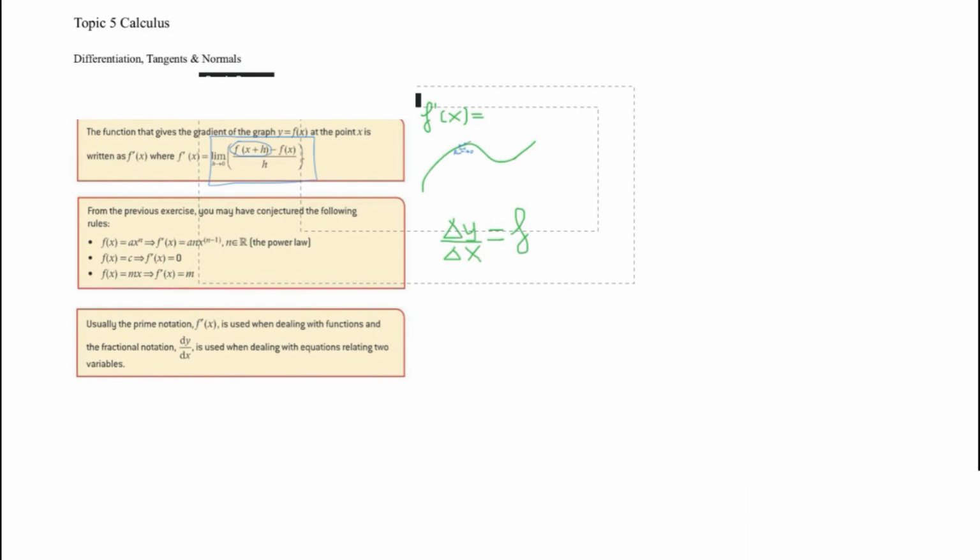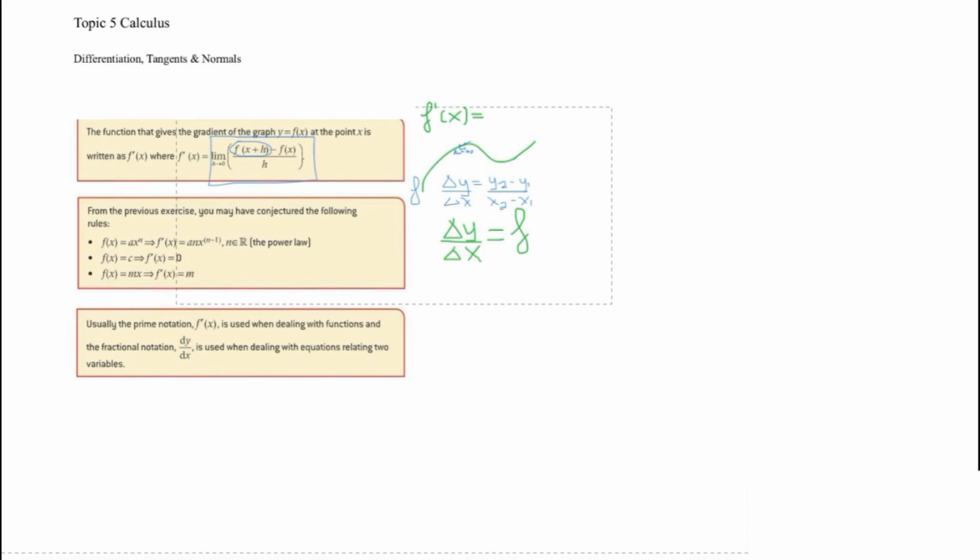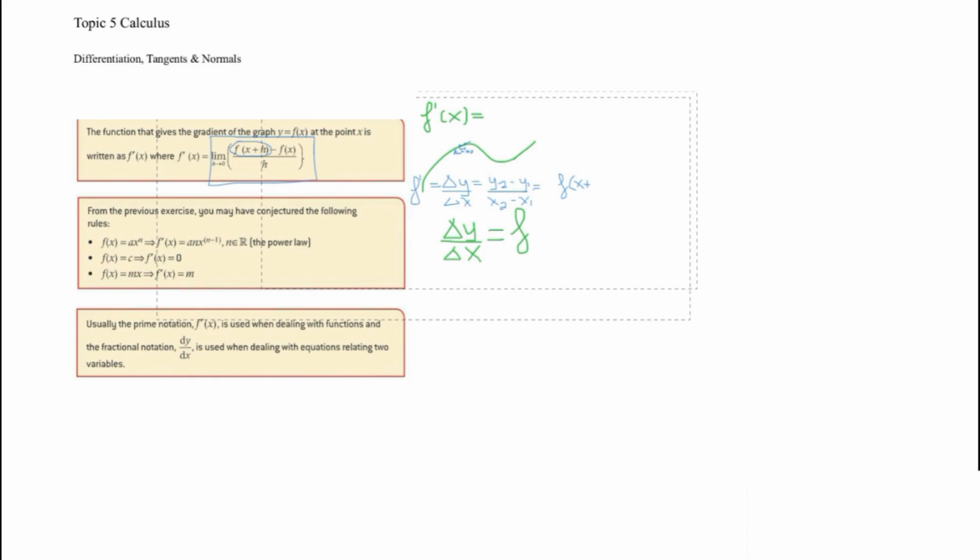Just to relate this to the slope equation that you're familiar with, delta y is equal to y2 minus y1, and delta x is equal to x2 minus x1. Sure. Then f prime is going to equal this, in its most infinitesimal version. I'm going to create some line. This is my y2, this here.